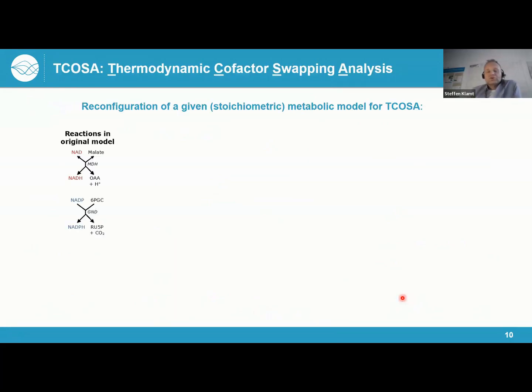So, in order to address this question, we introduced a framework, which we call TCOSA, thermodynamic cofactor swapping analysis. And an important, necessary step that we do in a pre-processing step is a reconfiguration of a given stoichiometric or constraint-based metabolic model.